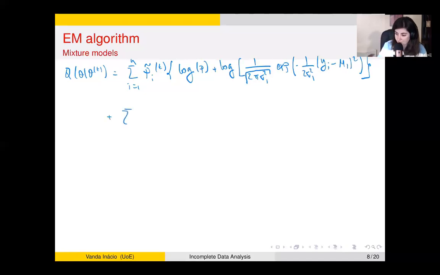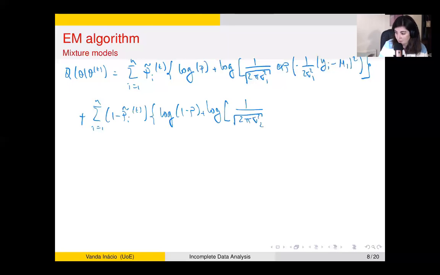Plus, sorry, I will start it from here, plus this. This is just replacing the density of the normal by its expression.